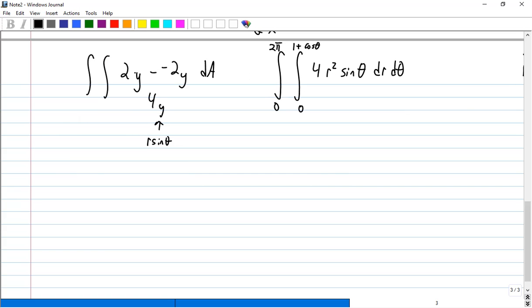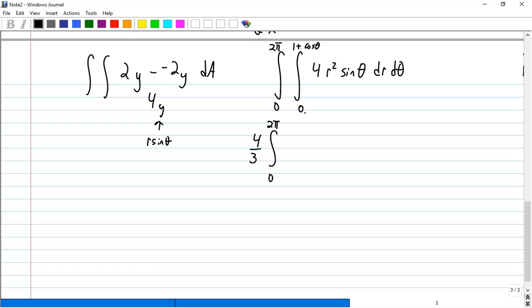All right, so first, integrate with respect to r. I have a 4 up there I can bring out, and then when I add 1 to the power, it's going to be r cubed. Then I got to divide by 3, right? So I'm going to go ahead and bring the 3 out as well. And then I have to evaluate r cubed from this top boundary to the bottom boundary.